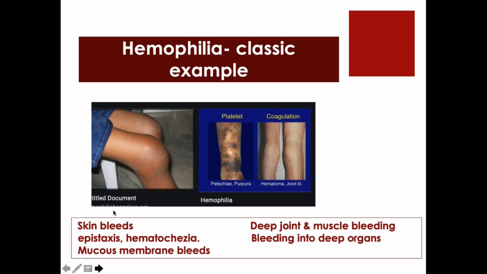A child who presents to you with bleeding onto the skin, that means petechiae, purpura, or ecchymosis, or epistaxis and hematochezia, or any other mucous membrane bleeds, versus a child who comes to you with deep joint or muscle bleeding, or bleeding into the skin, liver, or the spleen, which is an example of hemophilia.